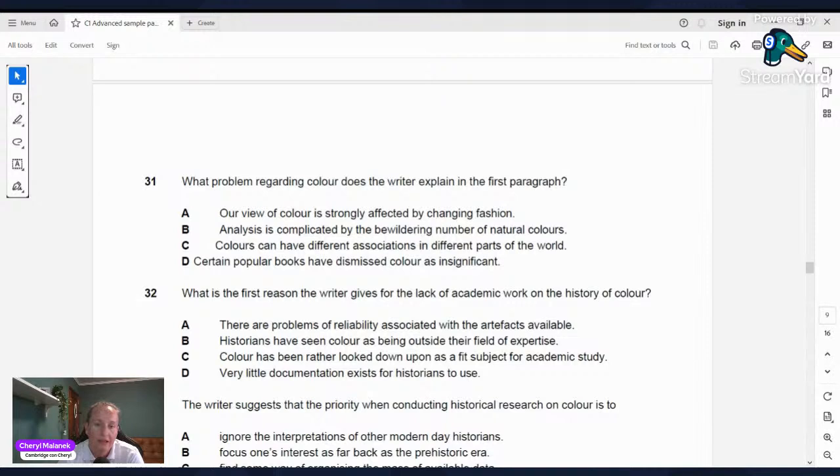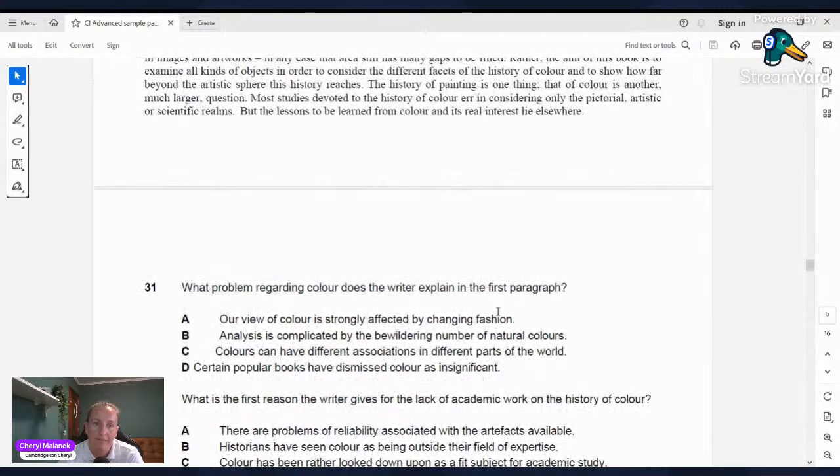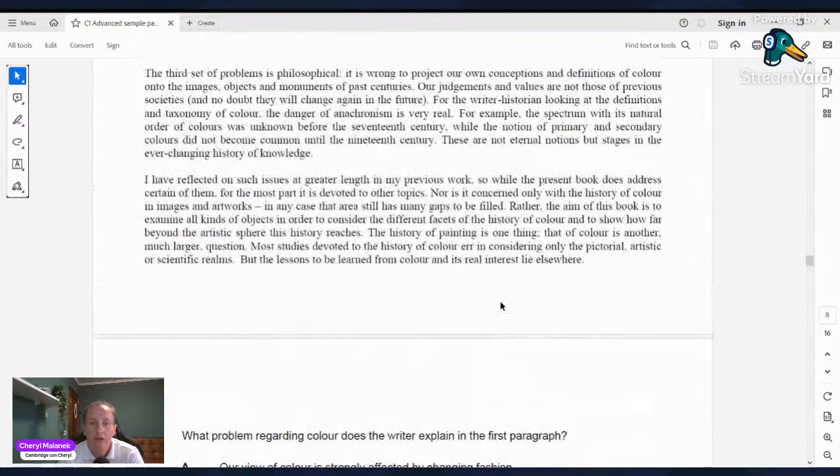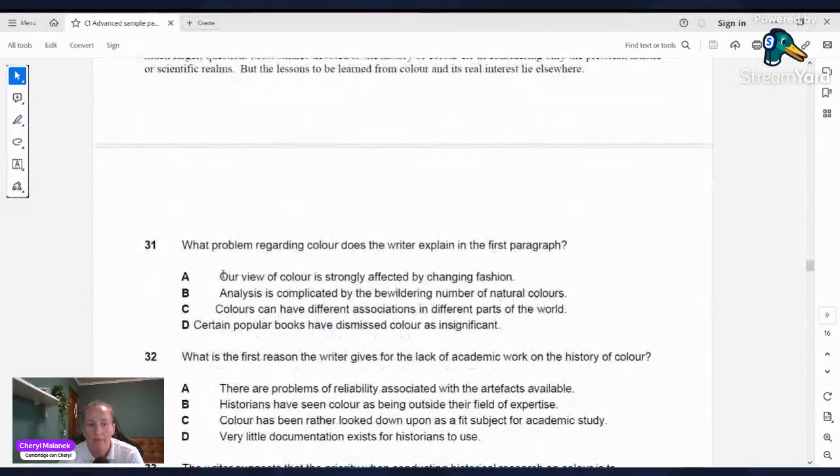The thing that people find difficult about this part of the exam is that we are reading between the lines. Generally, the questions you're going to be answering aren't asking you for specific information all the time.